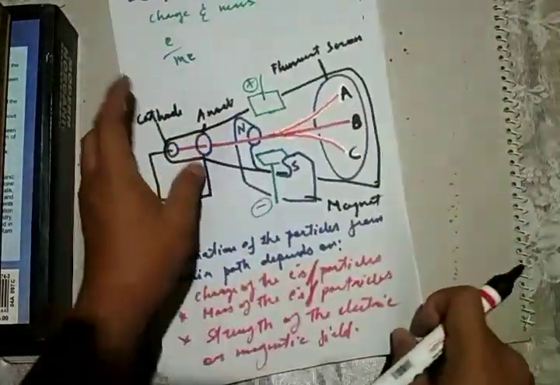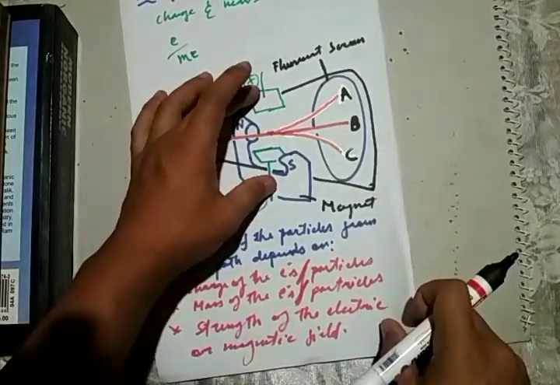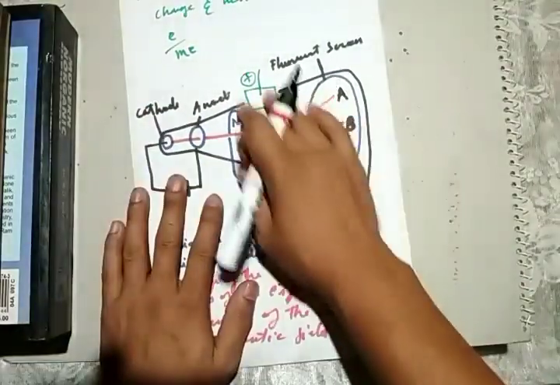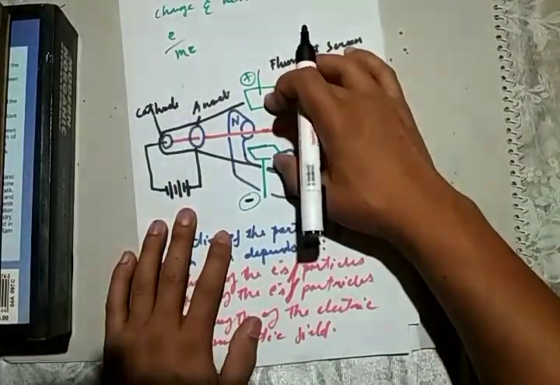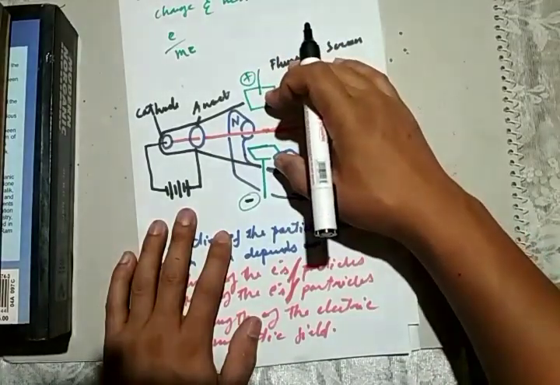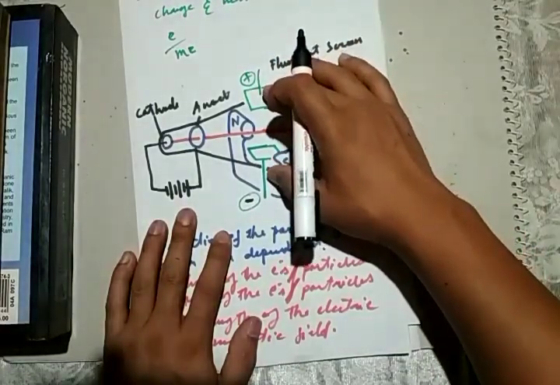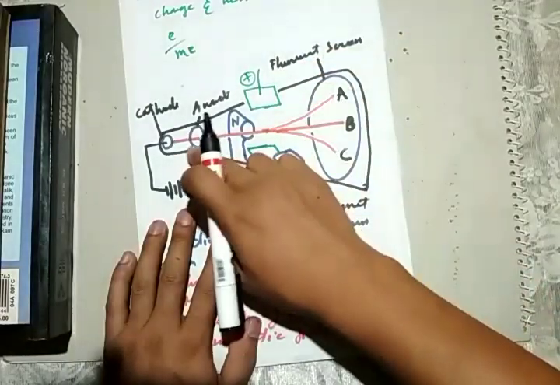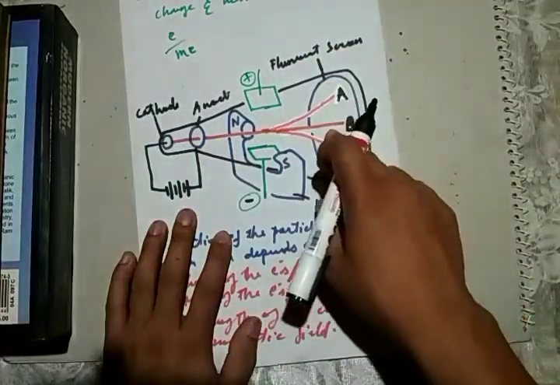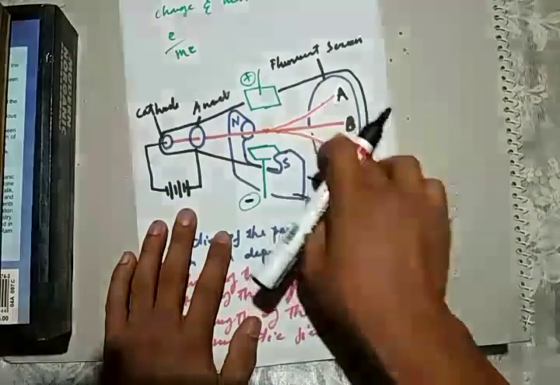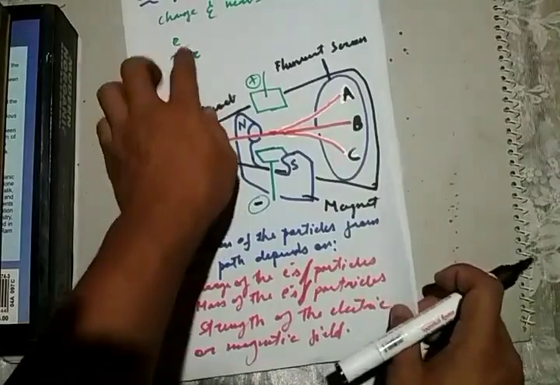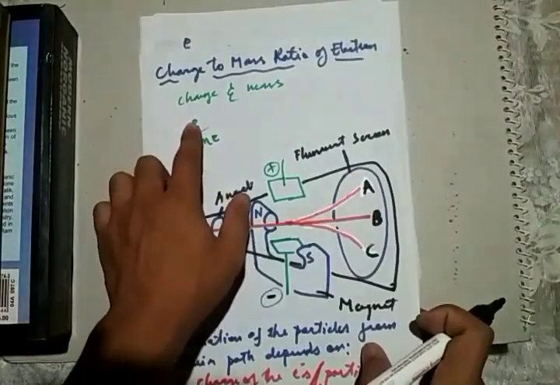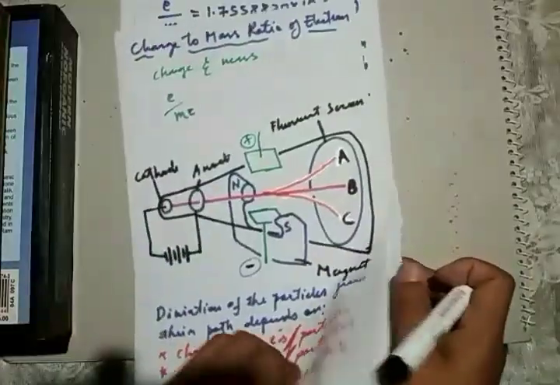And through this he was able to calculate, by making these two forces, electric field and magnetic field, equal. After making this equal, there was no observable deviation, only a straight line. So he was able to calculate the charge to mass ratio of electrons.